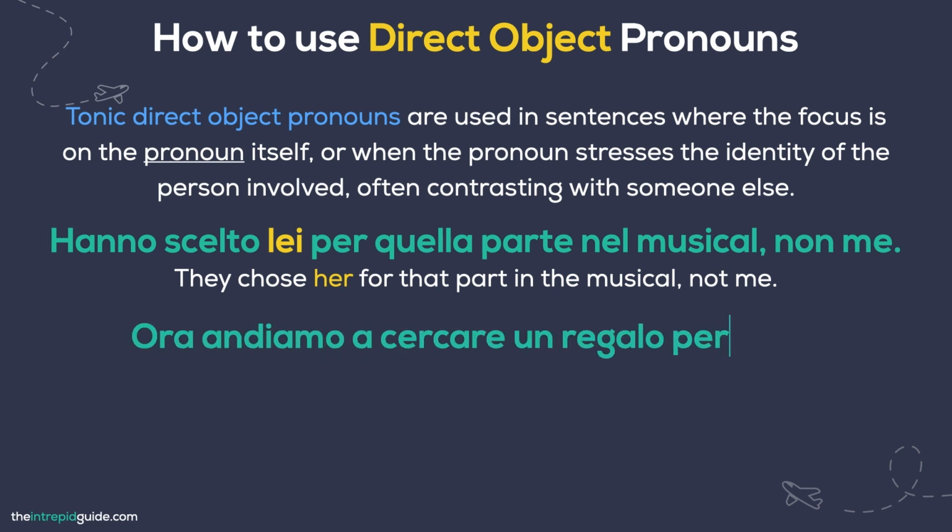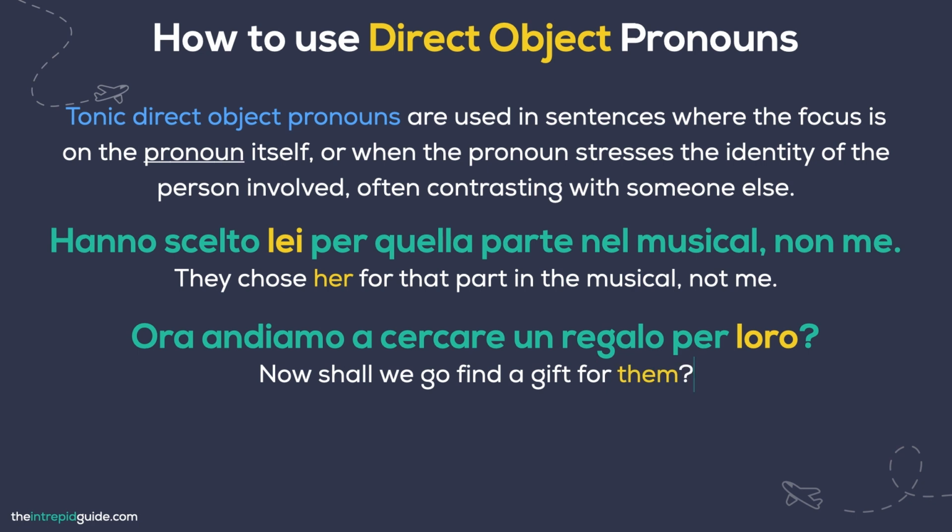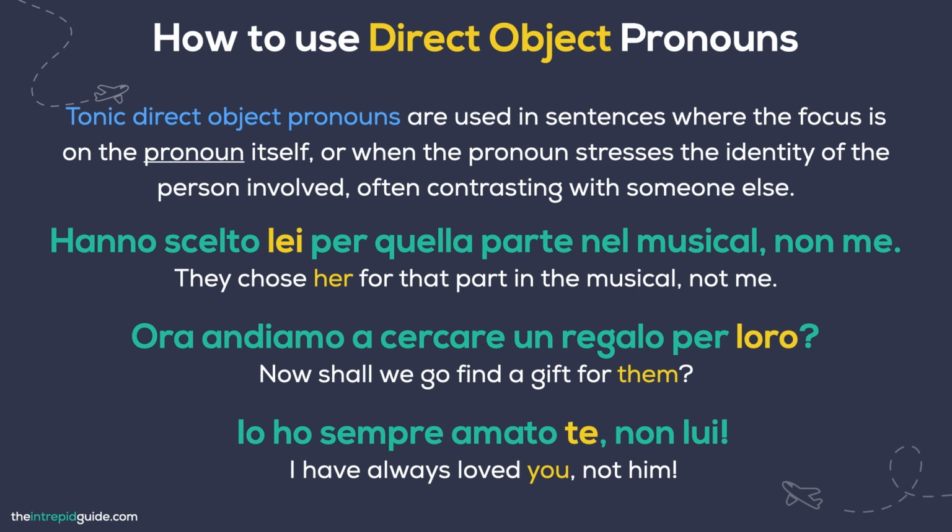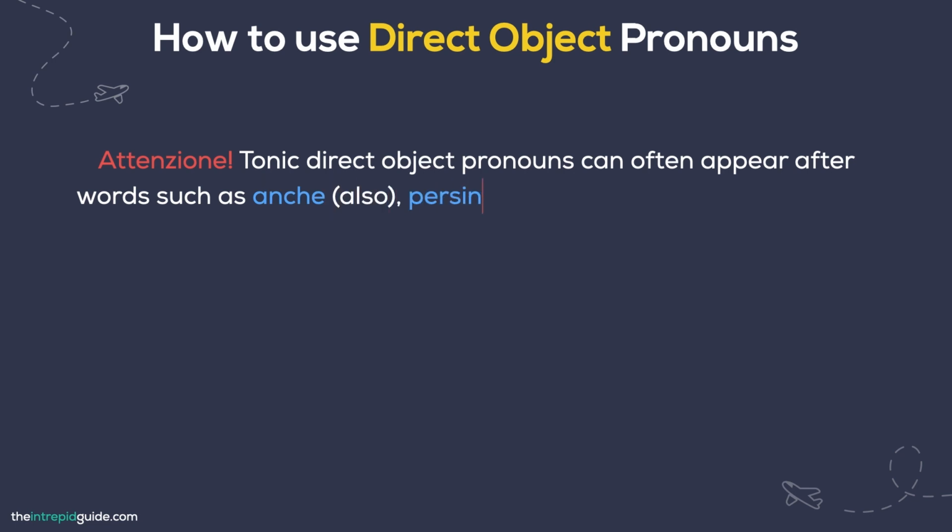Ora andiamo a cercare un regalo per loro? Now shall we go find a gift for them? Io ho sempre amato te, non lui. I've always loved you, not him. Attenzione! Tonic direct object pronouns can often appear after words such as anche, also, persino, even, and eccetto, except.